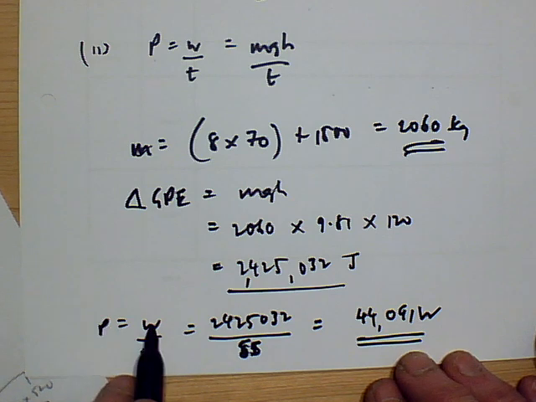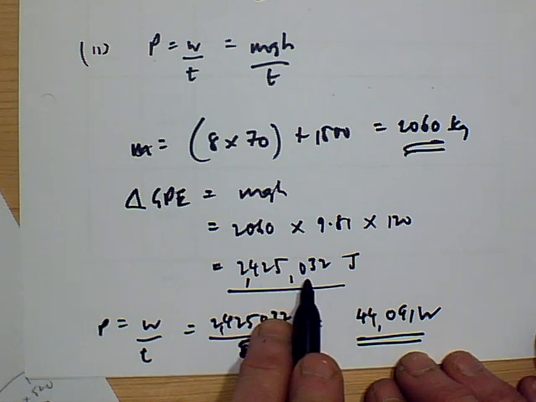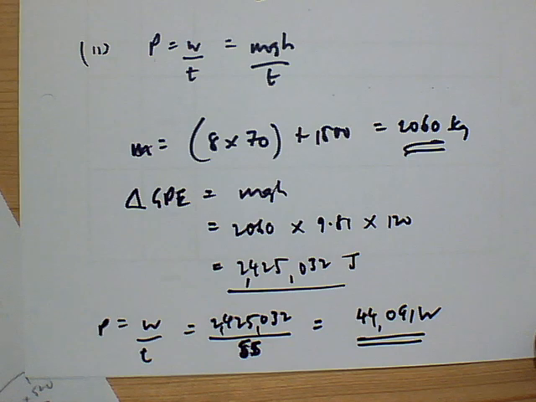So power is work done over time, or energy change divided by time. 2,425,032 joules, that's the change in gravitational potential energy, divided by time taken, 55, is 44,091 watts.